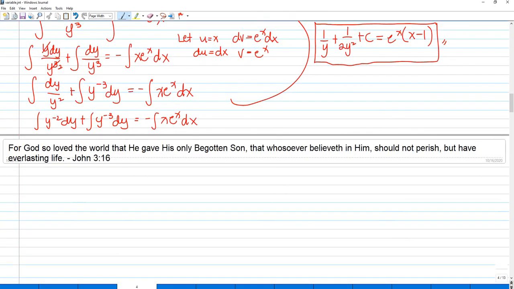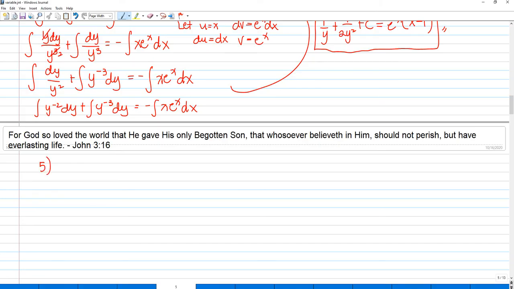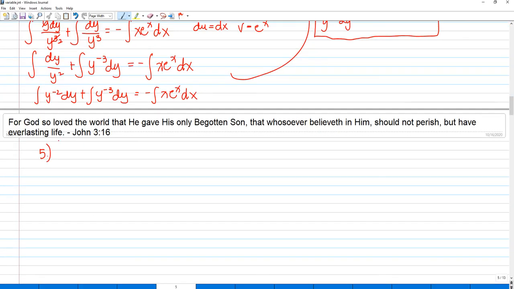For our last problem, since I already have a video about this, we have the differential equation: 1 plus ln x dx plus 1 plus ln y dy equals 0.